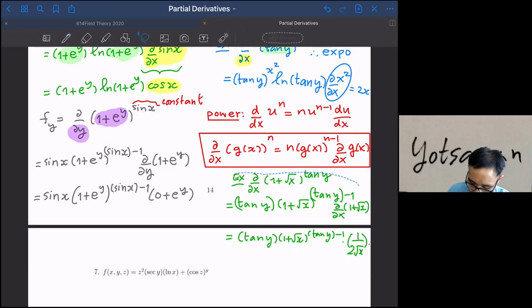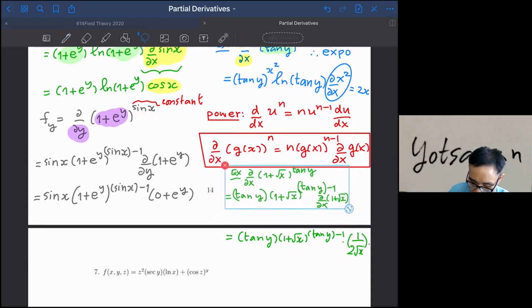Okay, so let me resize this a little bit. I'd like to have them on the same page.